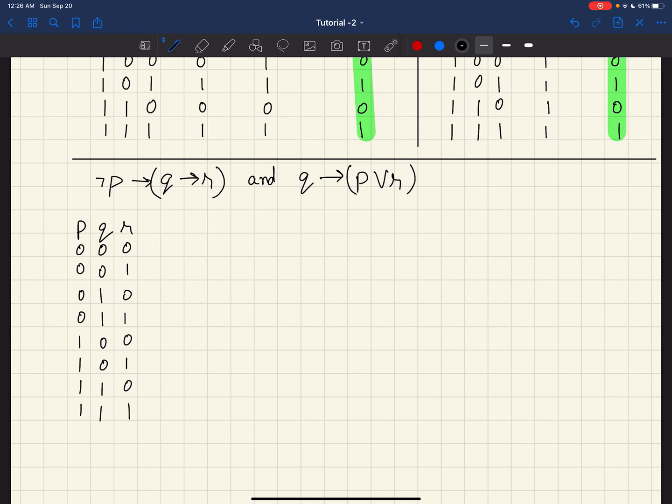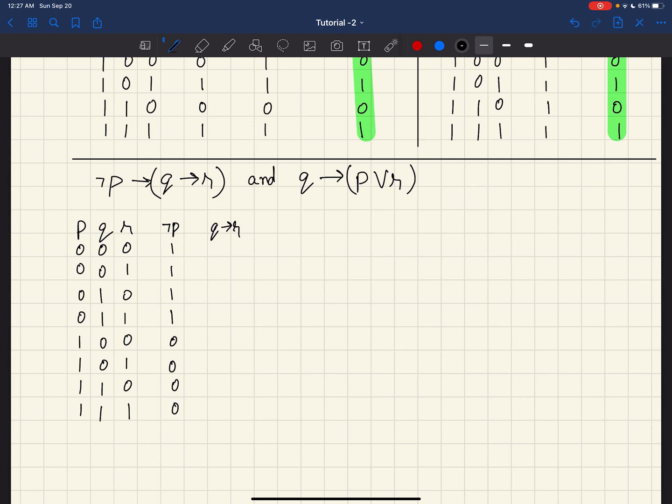Now we need not of P, that is the opposite of what P is. Next we need Q implies R. Again, the implication is true when they both are the same, and true when the right hand side variable is true.